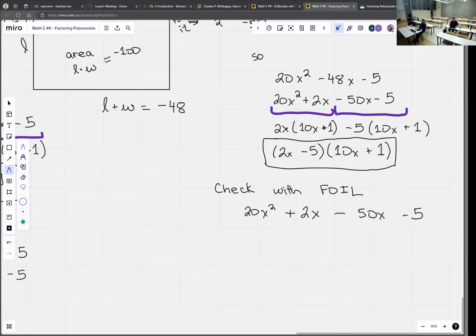What are my like terms? Well, these two both have an x. Nothing else is the same because this is the only x squared term and that's the only plain number. And 2x minus 50x is minus 48x. Okay, ta-da.